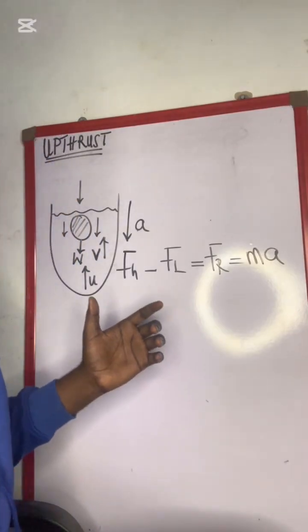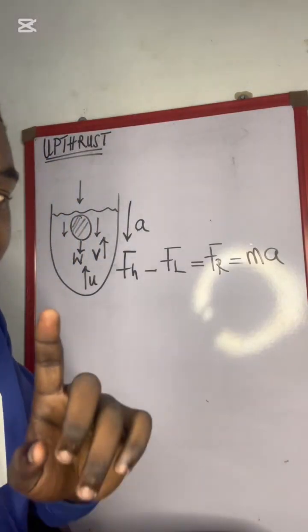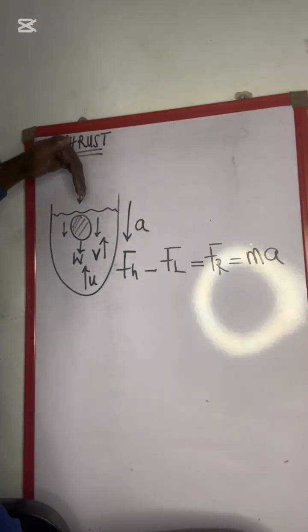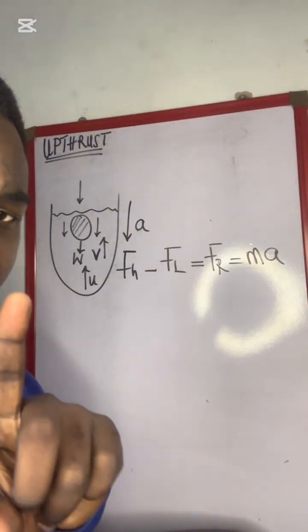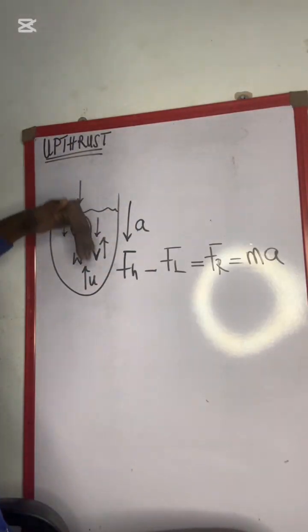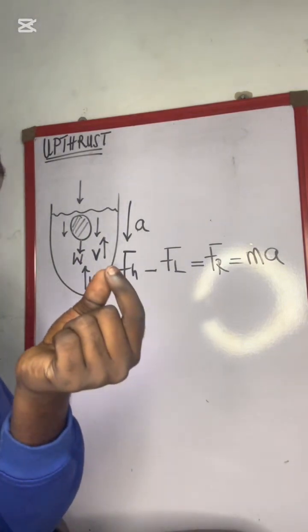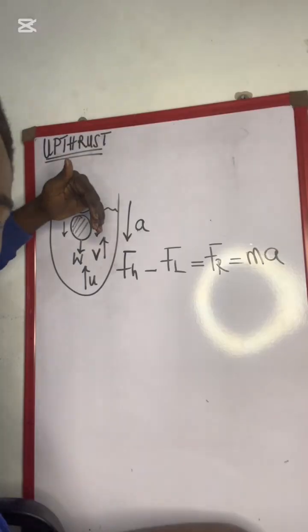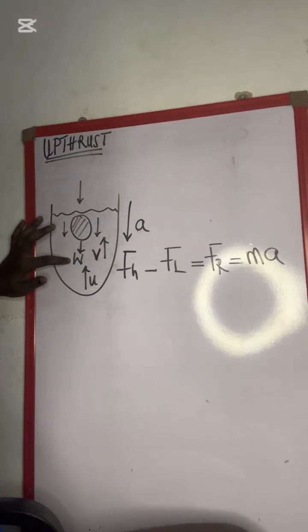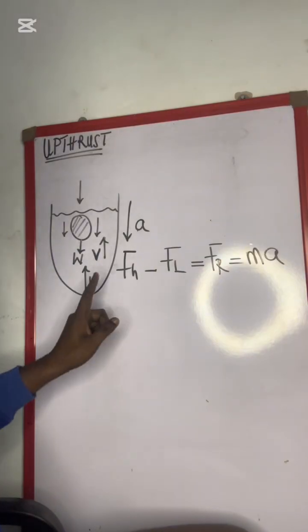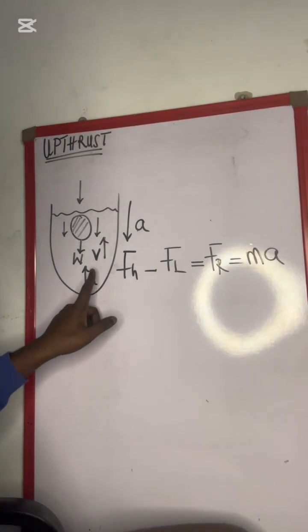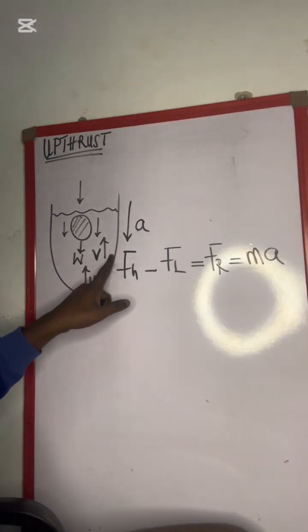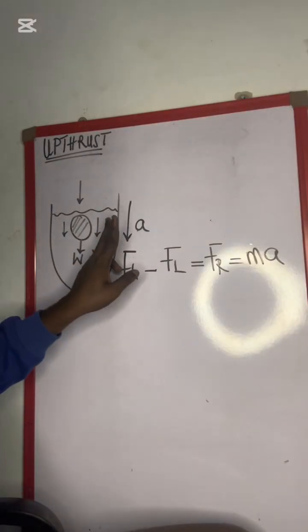In this diagram on the board, I'm sure you agree that since the object is moving down, it means that the force going down is higher than the forces going up. Class, which force is going down? That is the weight. The weight is going down, but the upthrust and the viscous force are acting upwards.